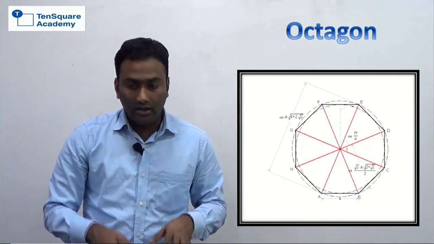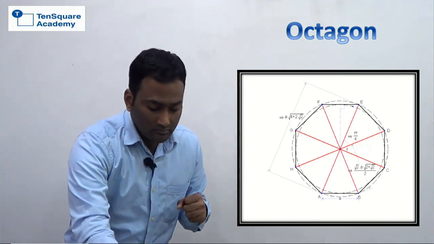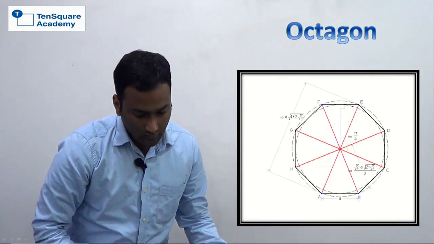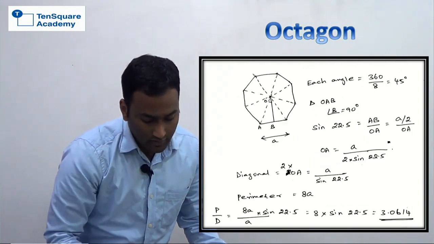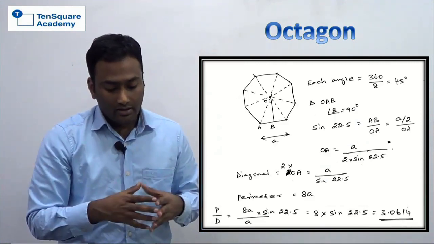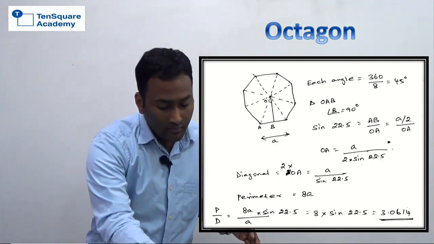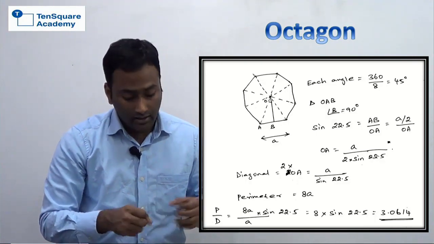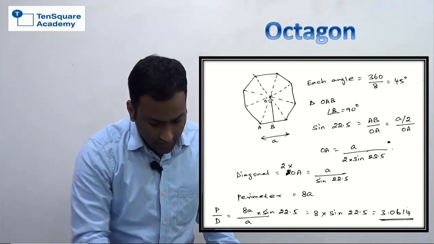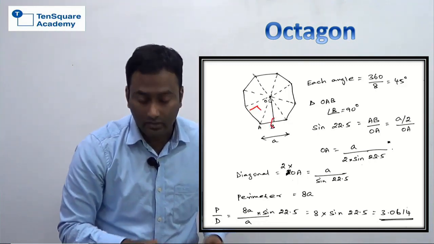Now moving on, an octagon has 8 sides. The center has a total of 360 degrees, and each side subtends 45 degrees. Since it's an isosceles triangle, we make it into a right angle triangle, and the angle at B is 90 degrees in this triangle.